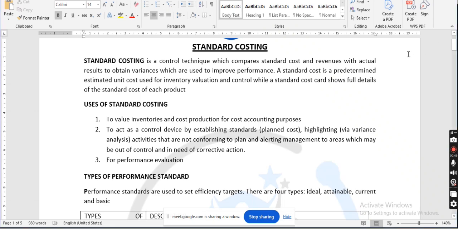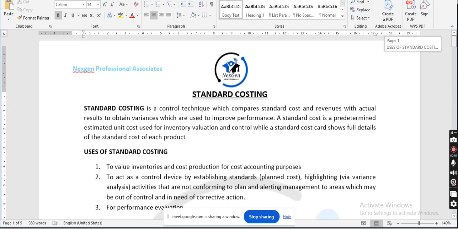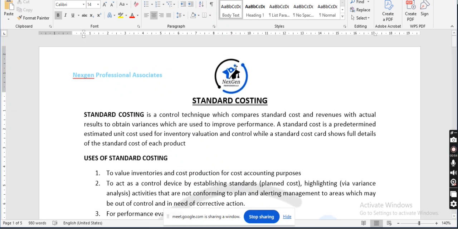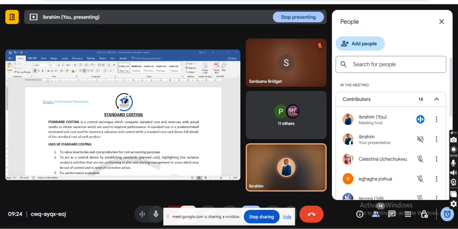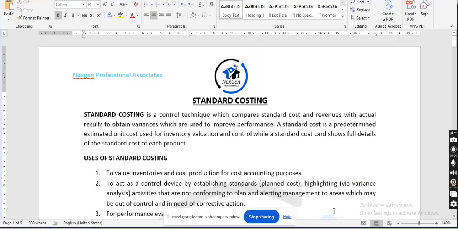Plus, standard costing is like your budget. When you compare your standard cost and the revenue with the actual results, that will result in what we call variance.